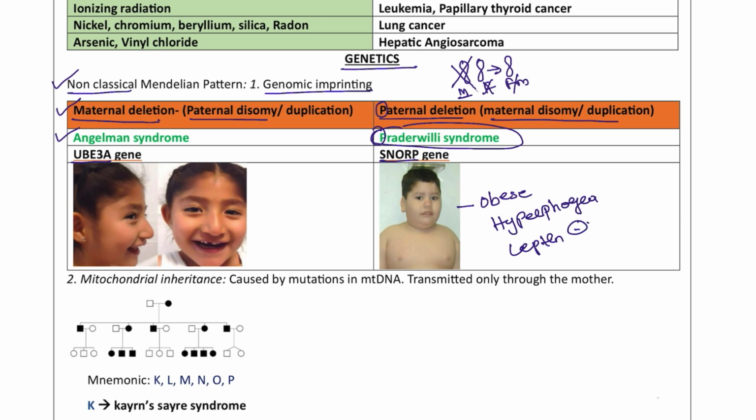Next, coming to Angelman syndrome, these patients are like happy puppies. Always look at their face, they are always happy. Both share one characteristic, that is mental retardation.